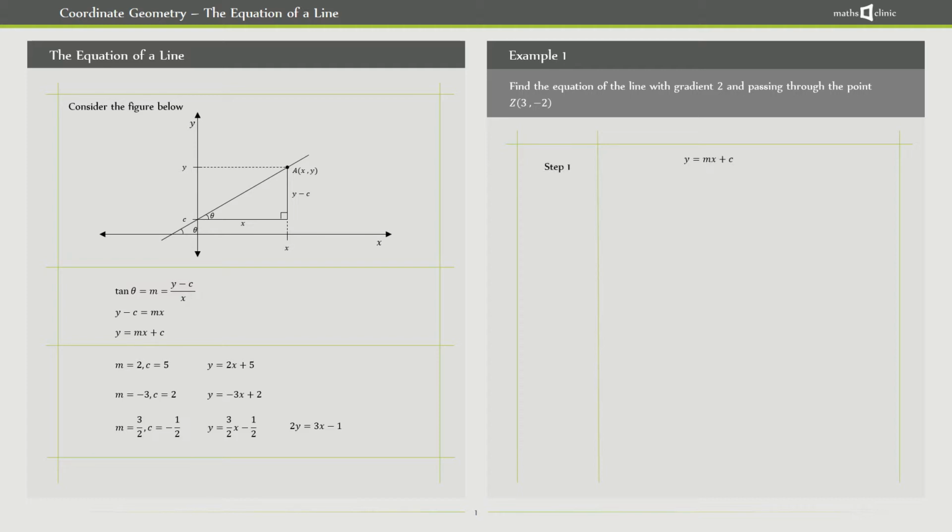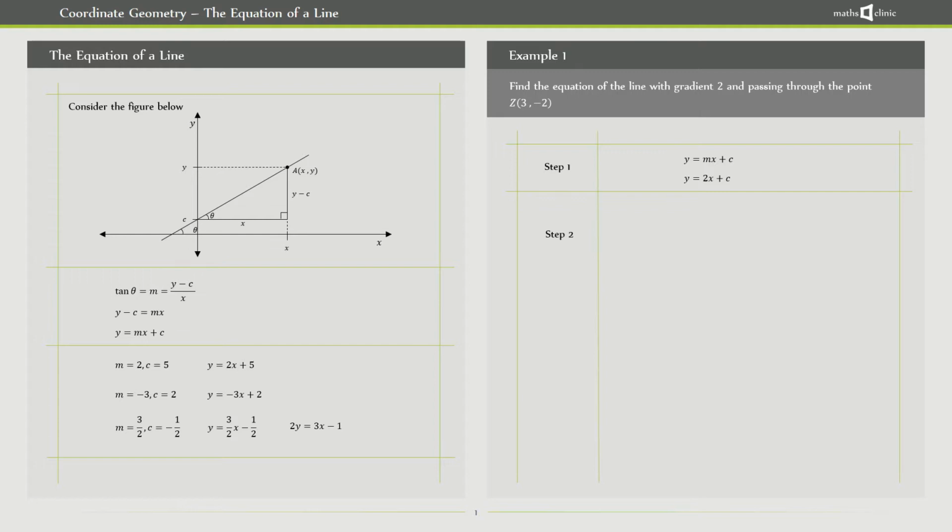So the first thing we do here is we have that y equals mx plus c. This is the general form of the equation of a line, and we've been told that the gradient m is 2, so we can write that y equals 2x plus c. Okay, so now we need to find c. And how do we go about finding c?